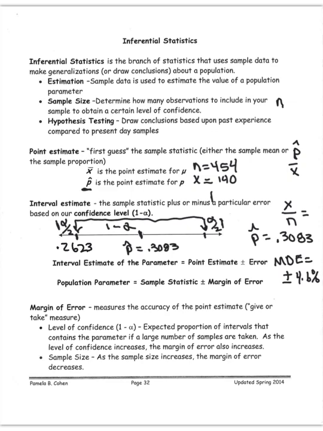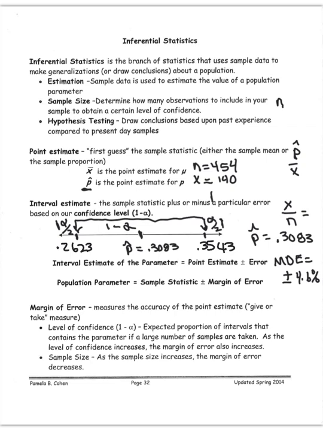And then to get the upper boundary, I'm just going to add 0.046 to 0.3083 instead of subtract. And when I do that, I get 0.3543.